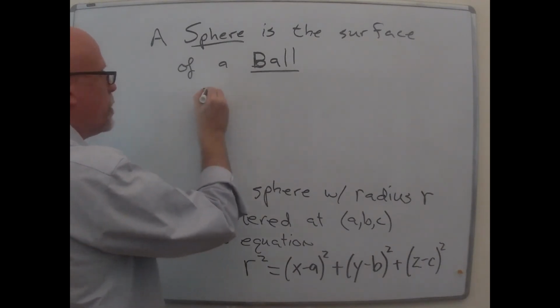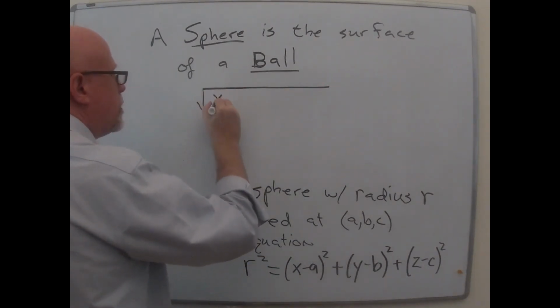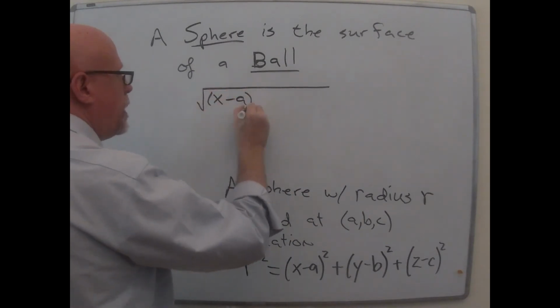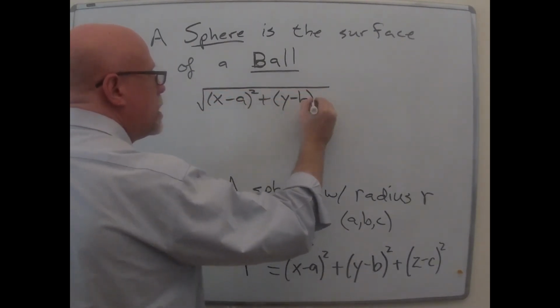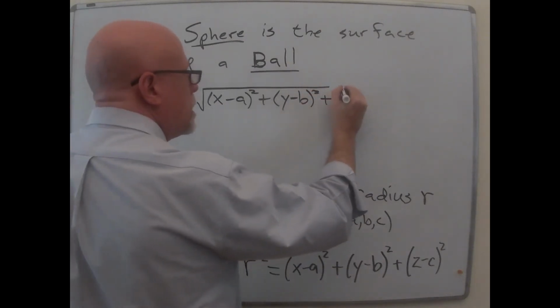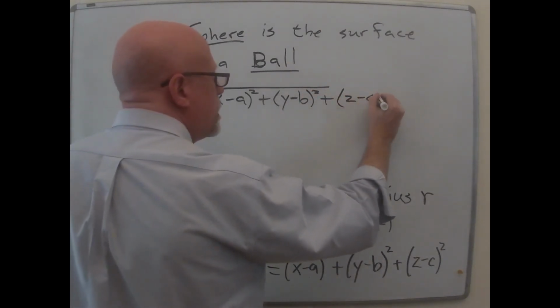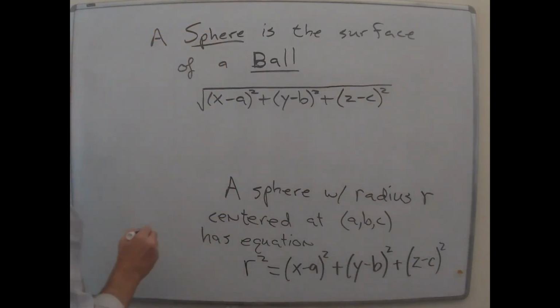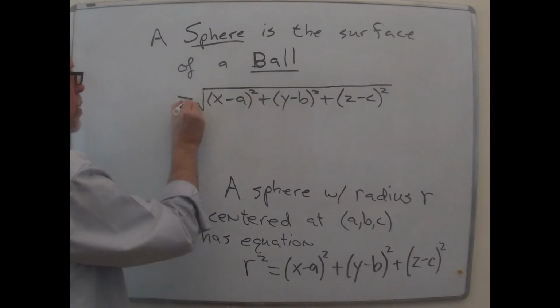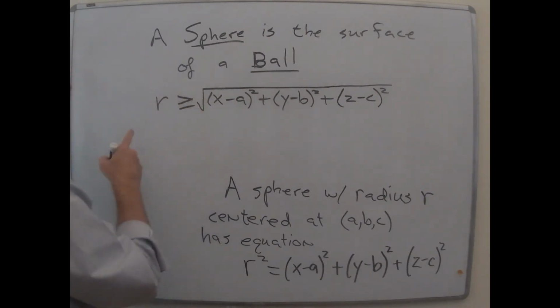So I guess I like to write it this way. The distance formula with the stuff we just had in it. If the distance is less than or equal to r, that's a ball.